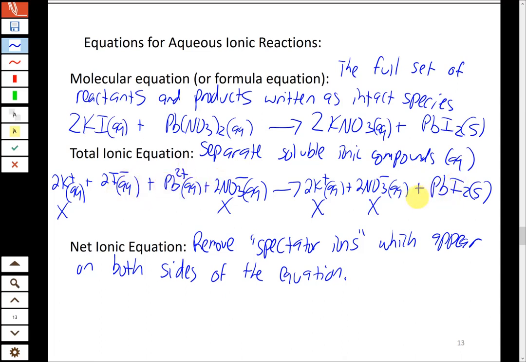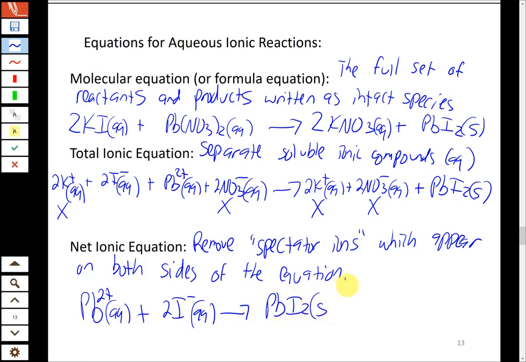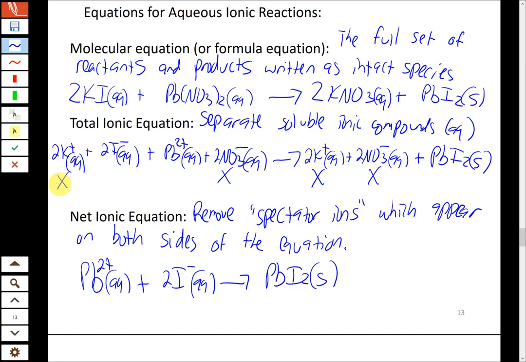So what's left over then is, conventionally you write cations first, so it's going to be lead 2 plus and 2 I minuses combining to form PbI2. So in this reaction that we're considering, K plus and NO3 minus are the spectator ions.